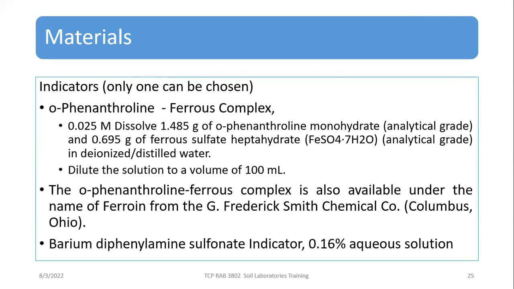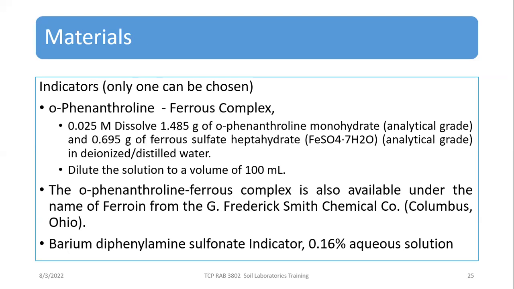There are 2 indicators that can be used, but only one should be used. One is the phenanthroline ferrous complex, which can be produced by dissolving 0.025 molarity of phenanthroline monohydrate, analytical grade, and 0.695 gram of ferrous sulfate heptahydrate, analytical grade, in deionized water.